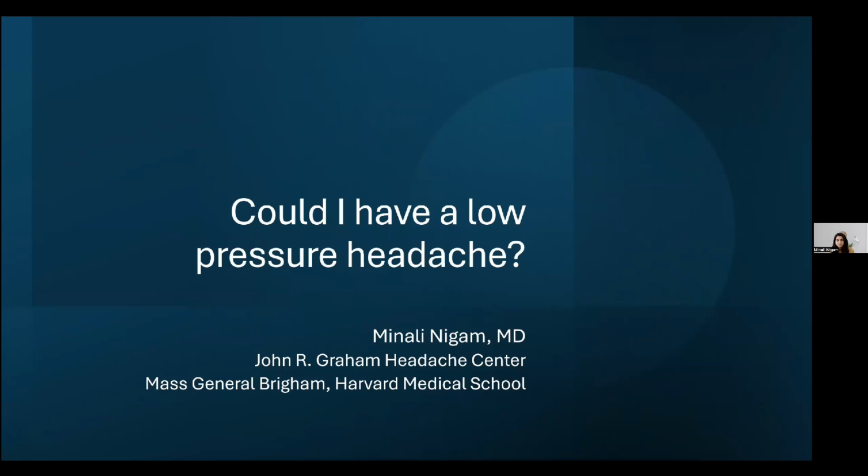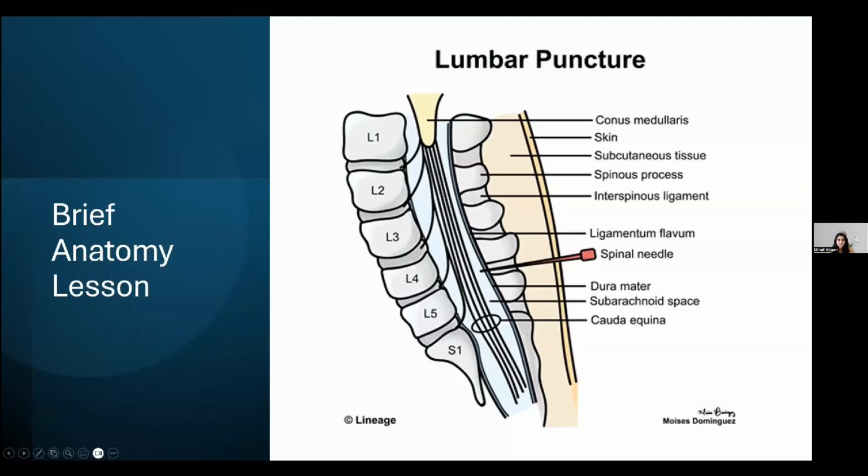So the topic of today's talk is going to be, could I have a low pressure headache? We also call this type of headache spontaneous intracranial hypotension or CSF leak headache. So just to give basic anatomy of what we're talking about here in terms of what we mean by CSF leak. Cerebrospinal fluid is a protective fluid layer that surrounds the brain and the spine.